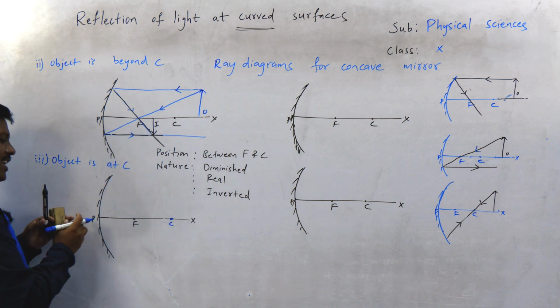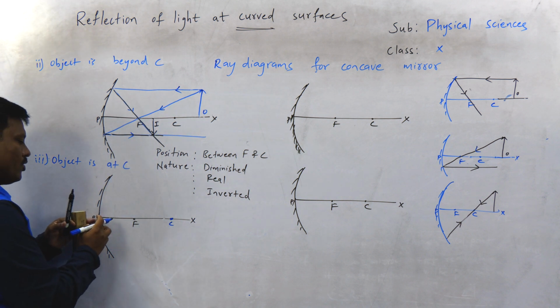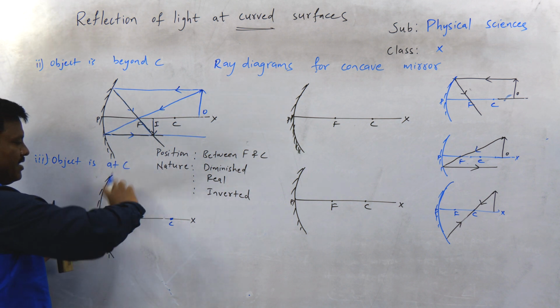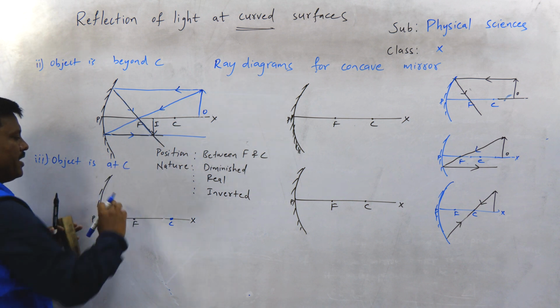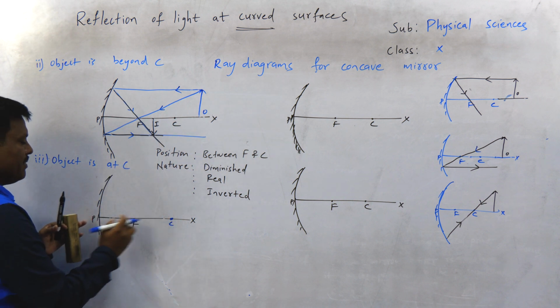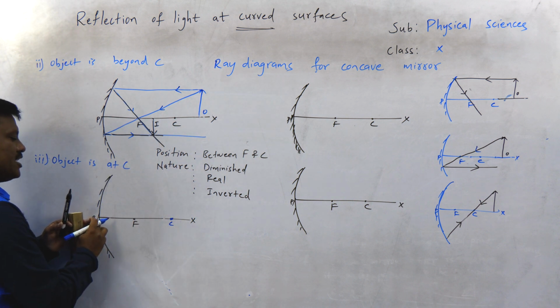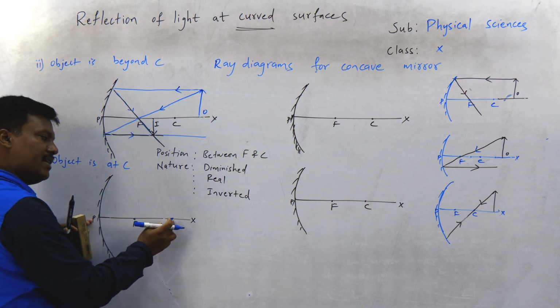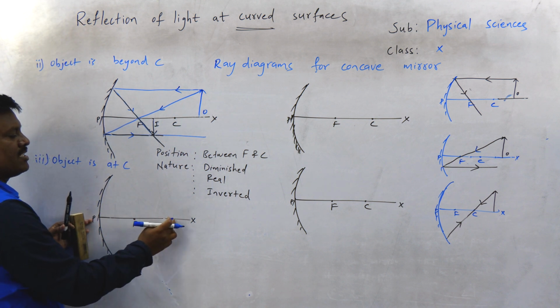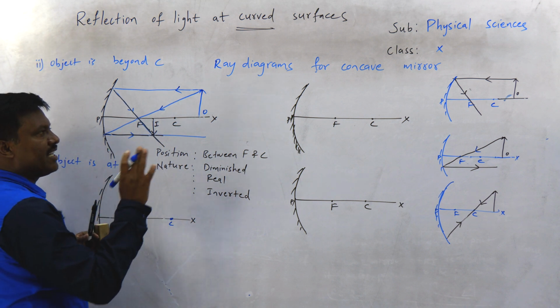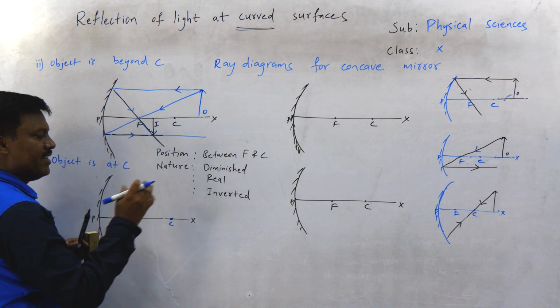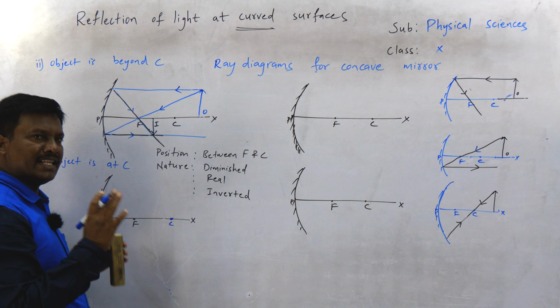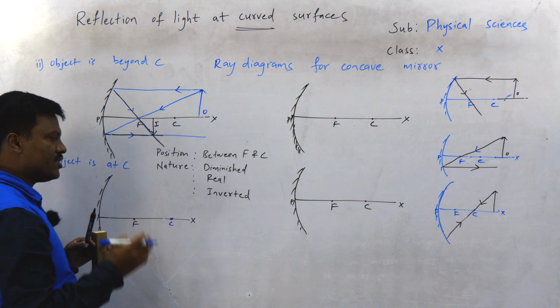That is why whenever you draw the ray diagrams in your notebook, after drawing the arc with compass, you have to take 6 centimeters from pole to focus. The distance between pole and focus you have to maintain 3 centimeters. Focus and center will be also 3, so the distance between pole and center will be 6. While drawing the ray diagrams, until this lesson is finished, you maintain the same dimensions.